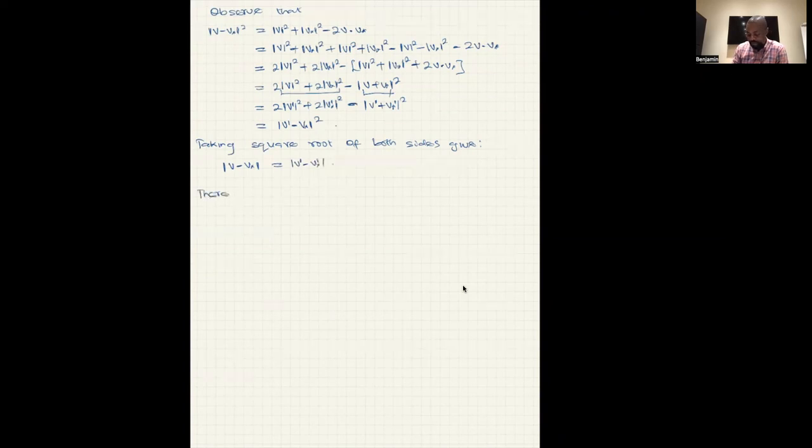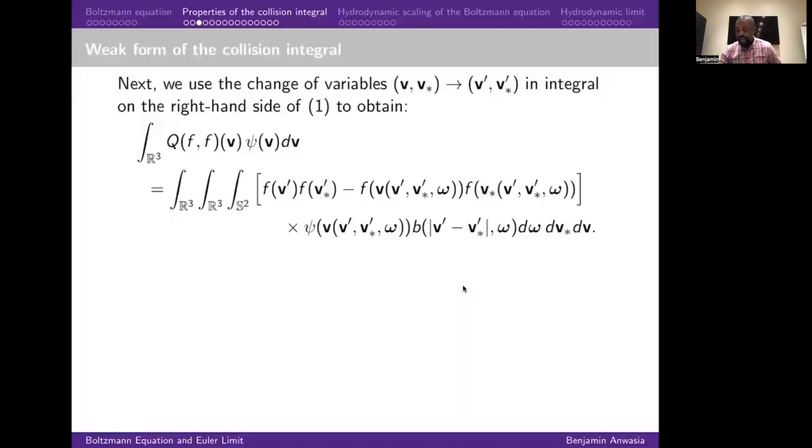Therefore, B that depends on the absolute value of V minus V star and omega is equal to B that depends on the absolute value of V prime minus V star prime and omega. So the collision kernel is invariant under the transformation of the pair V, V star to V prime, V star prime. Therefore, we can rewrite this equation as given below.